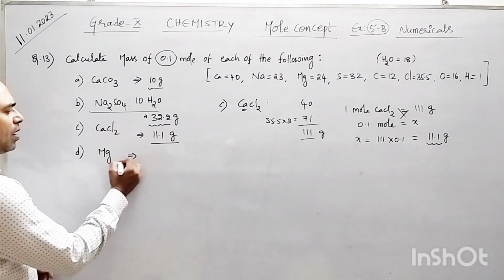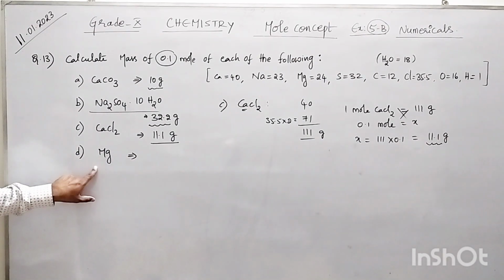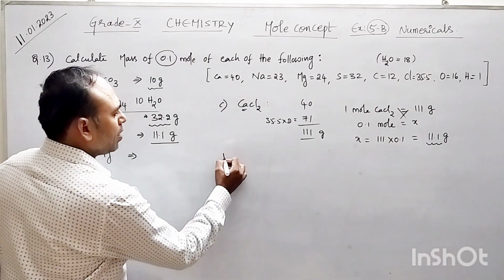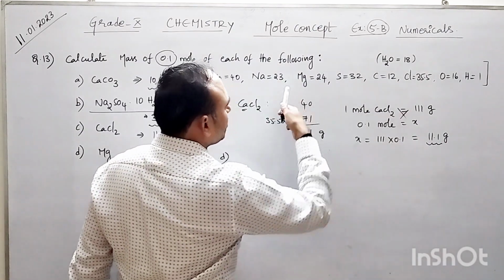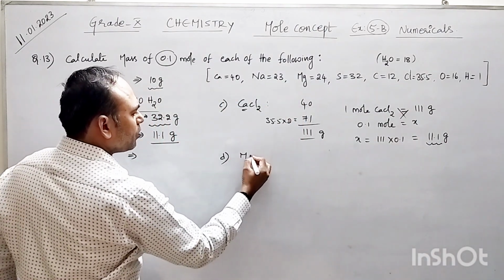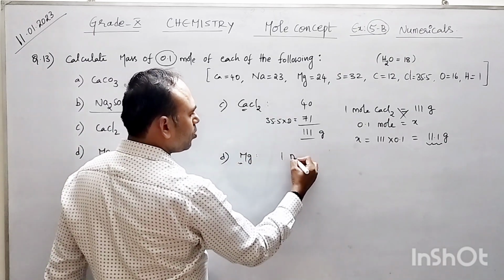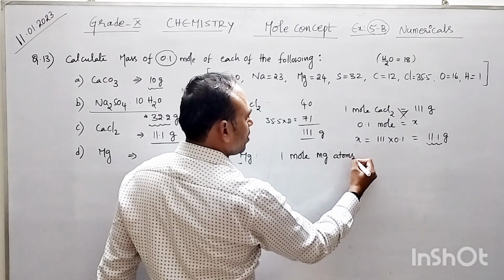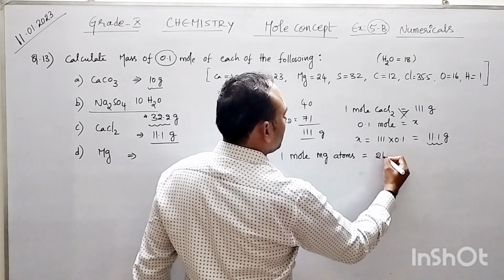Now the last one: what is the mass of 0.1 mole of magnesium atom? Here it is very simple. Straight away you can take magnesium, they have mentioned it as 24. So we can write like this: 1 mole of magnesium atoms has a mass of 24 grams.